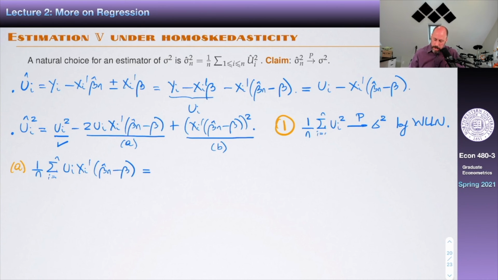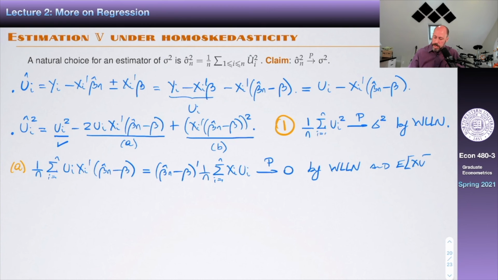And these are all scalar, so I can write (beta hat minus beta) prime times one over n, the sum from 1 to n of x_i u_i, and this converges in probability to 0 by the weak law of large numbers, since the expected value of xu is 0. So the second term, which I call A, converges in probability to 0, as we wanted.